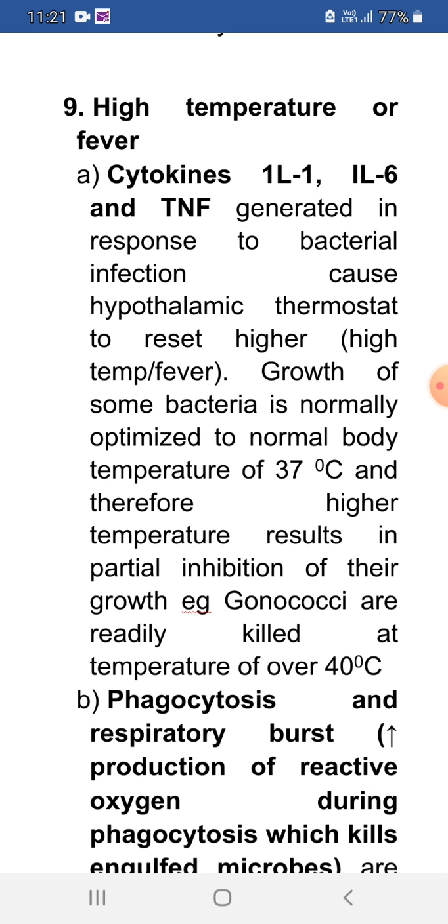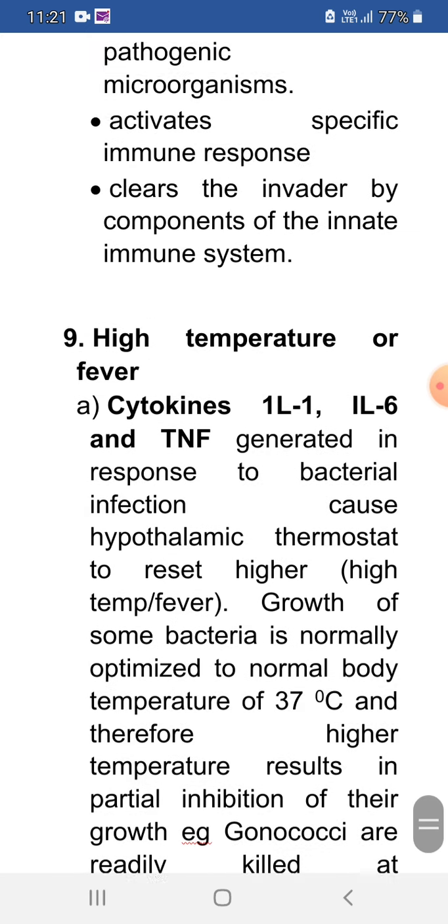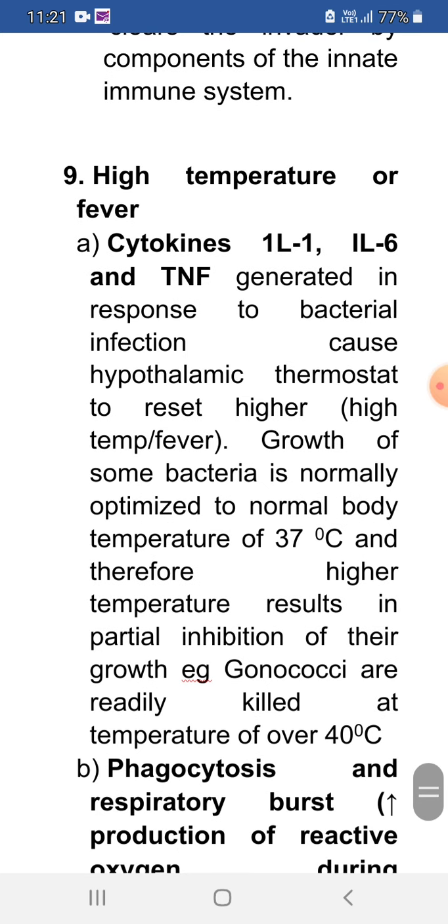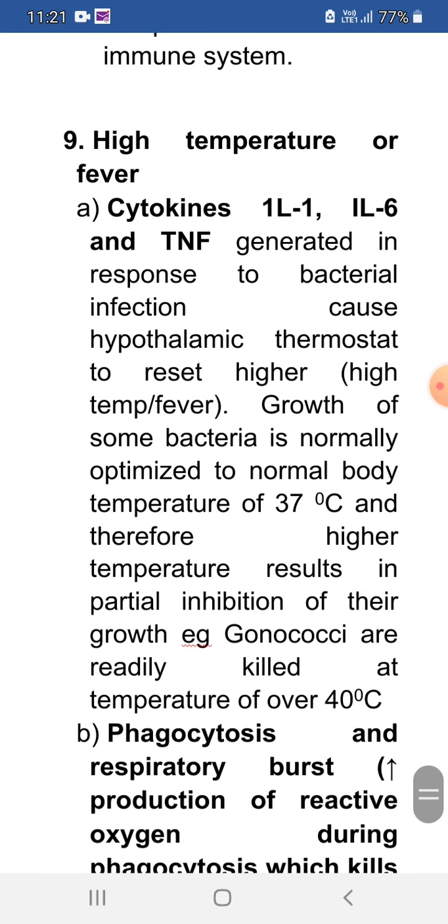So all the microorganisms which infect and reside in our body learn to live within 37 degrees centigrade. So if the temperature goes beyond that, that will inhibit their reproduction, growth, and even kill them.